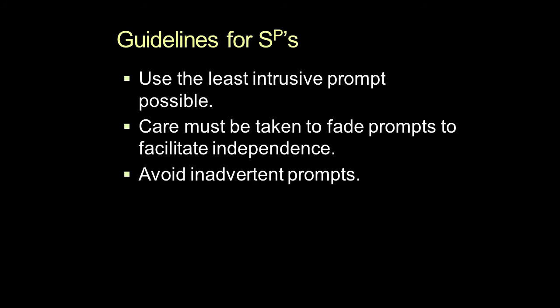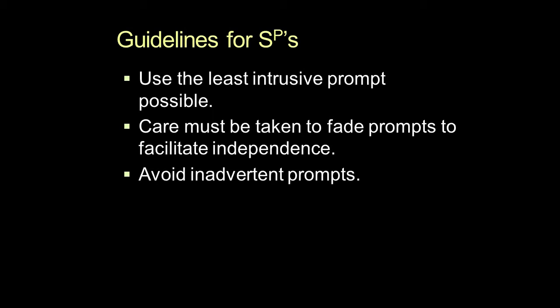You will want to use the least intrusive prompt possible while still achieving a success. For example, it's preferred to use pointing towards the correct item rather than physically guiding the child's hand to it. Care must be taken to fade prompts to facilitate independence.